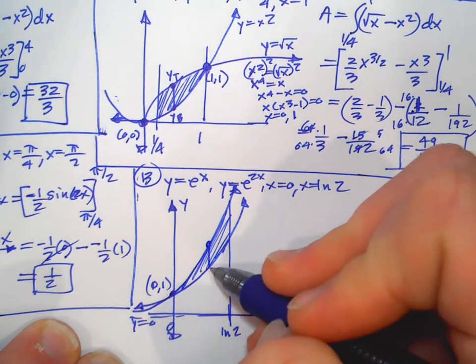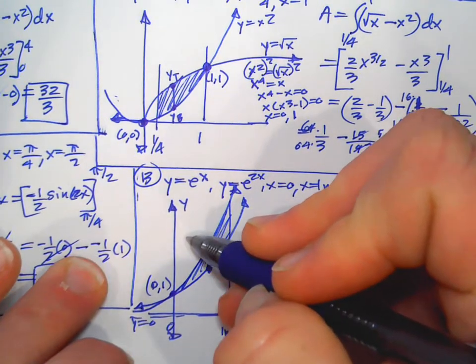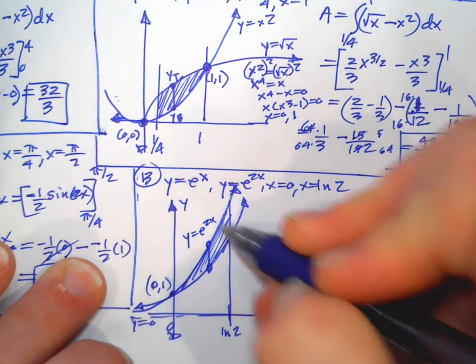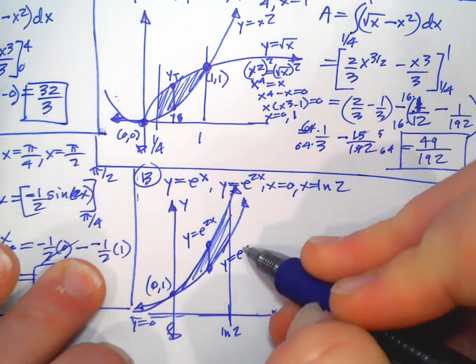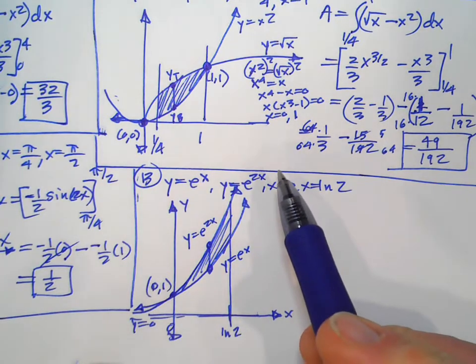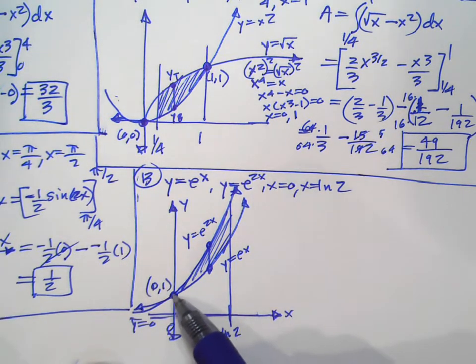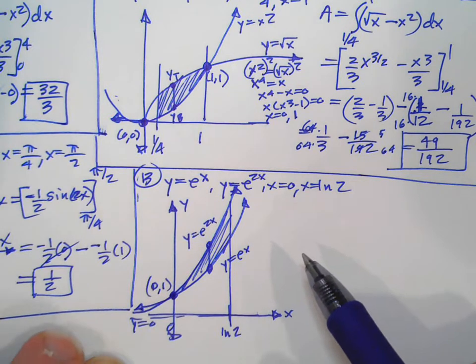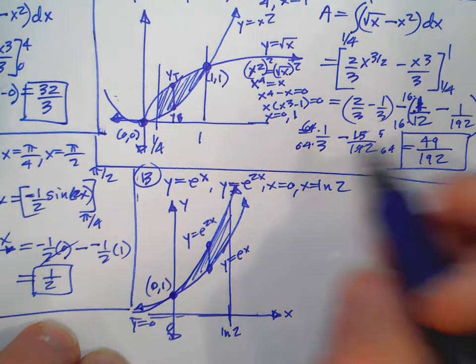I think we're going to do vertical slices. So y equals e to the 2x is on top. Y equals e to the x is on the bottom. E to the 2x grows faster. They both go through 0, 1. Okay. So, all right, let's do it.